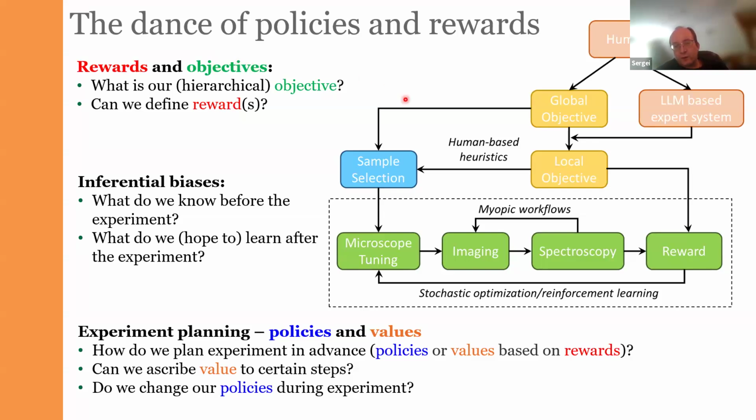In this case, we know that if we run the individual tools and we have well-defined rewards, we can run the myopic workflows like the one that I've shown you. We are obviously in the beginning, but it feels now that we're in the end of the beginning. We have the theory for these projects, we have the algorithms that work.